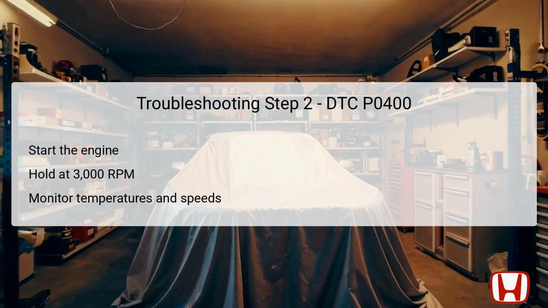After confirming the EGR pipe is intact, the next troubleshooting step requires starting the engine and holding the RPM at 3,000 without any load. This action is critical for ensuring that the EGR system activates, allowing for proper testing of its function. It's important to monitor the engine coolant temperature, ECT, and ensure it exceeds 158 degrees Fahrenheit, 70 degrees Celsius, for accurate readings.